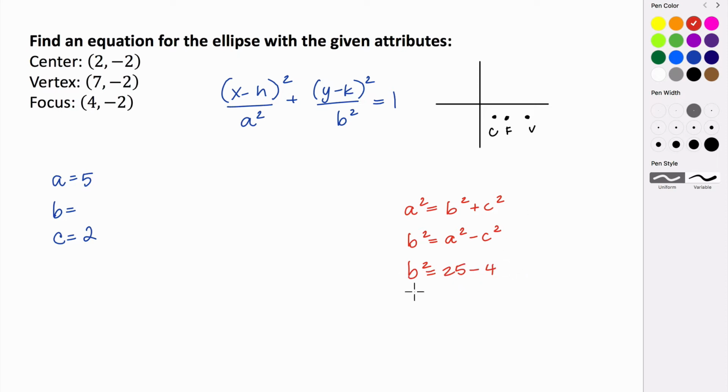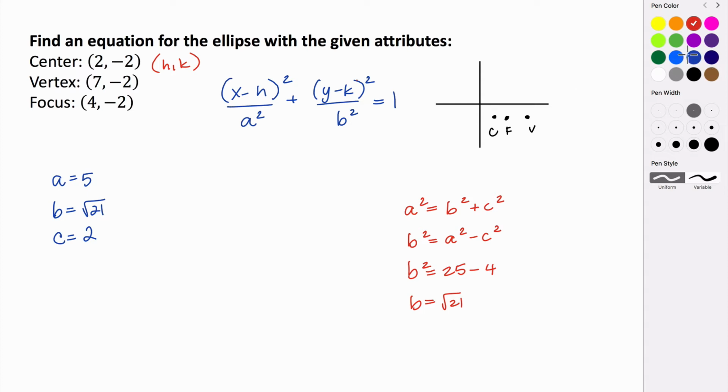So that's b equaling the square root of 21. So b is the square root of 21 here. So now we have a value for a, we have a value for b, and we have h and k here. Remember, this is h comma k for the center. And we can plug all of that information into this equation to get our standard form equation for this ellipse.